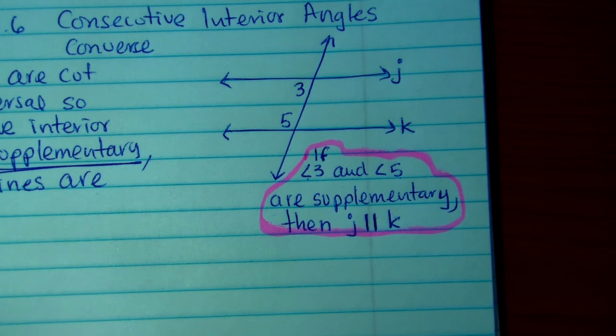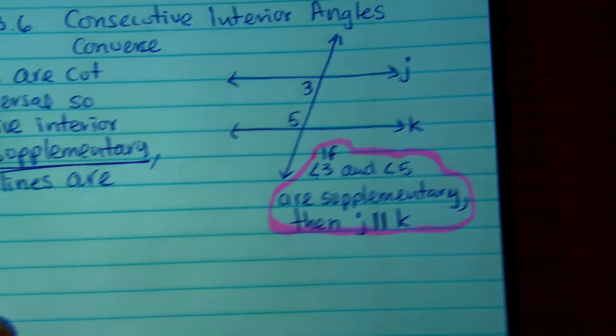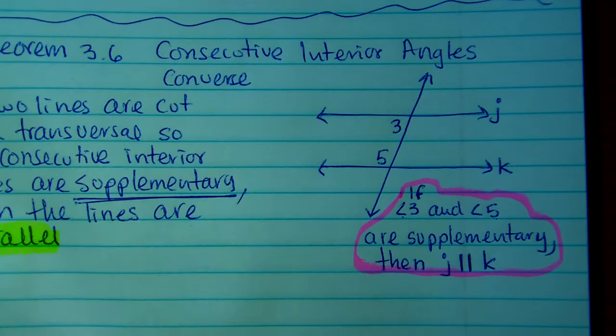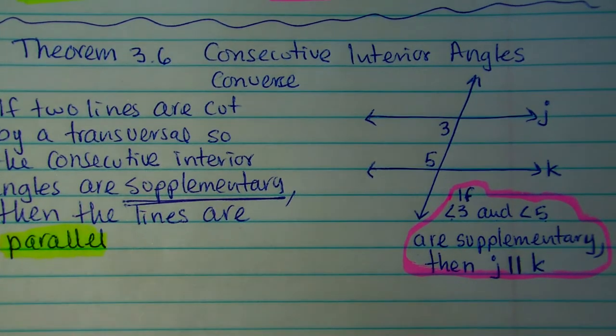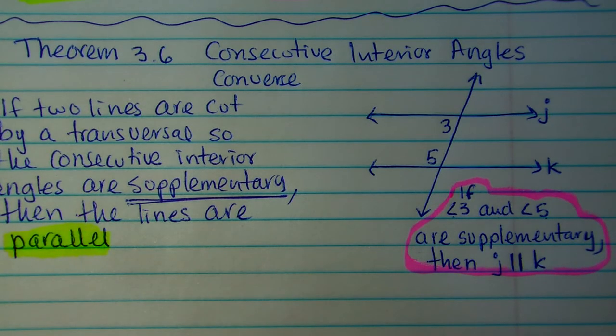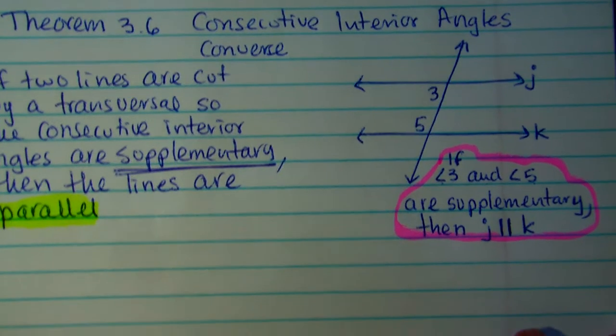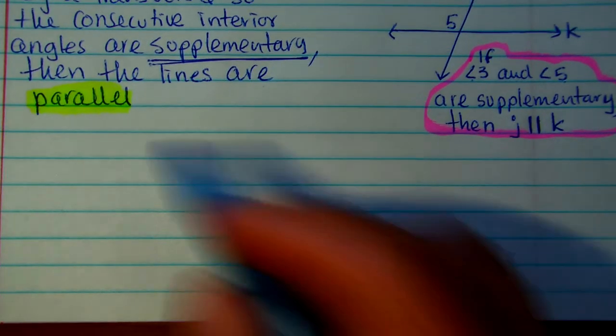All right, you're going to copy that, and let me see how we're doing on time. So I'm going to stop the video right here. We have to work on some examples, and then I think we can do a checkpoint because we know the theorems.